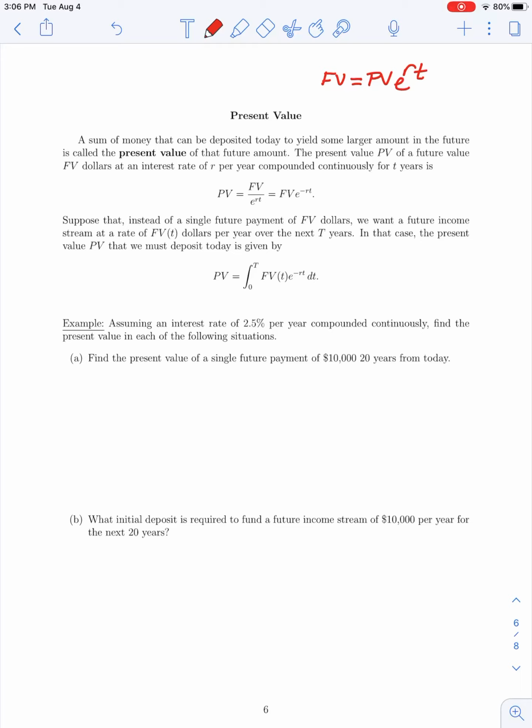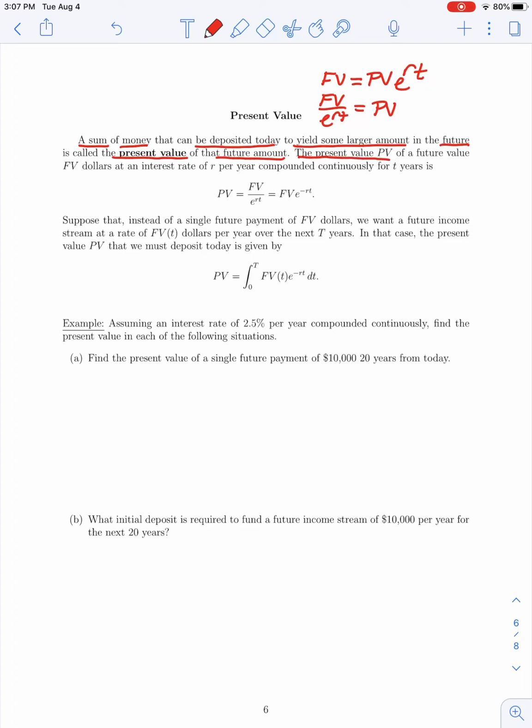So using this equation, we can say if we have a sum of money that can be deposited today to yield some larger future amount, we would call this the present value of that future amount. So solving this equation for the present value, we would take the future value and divide by e to the RT.